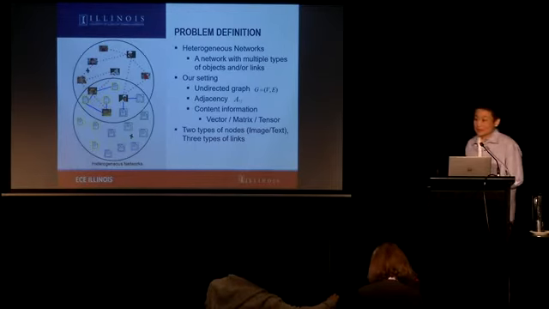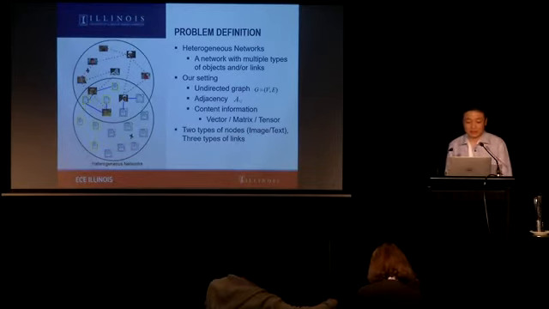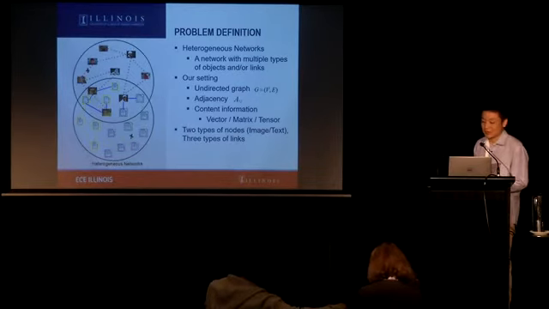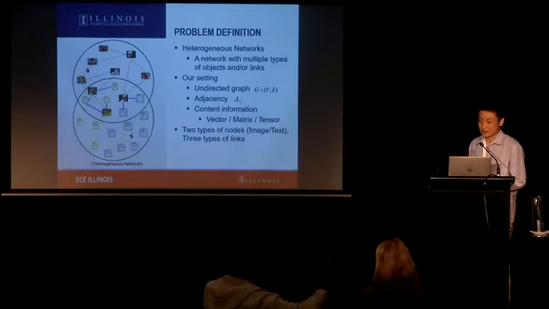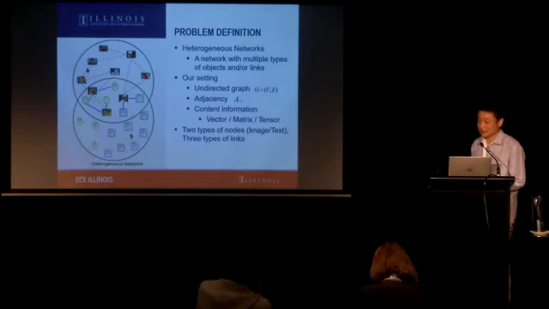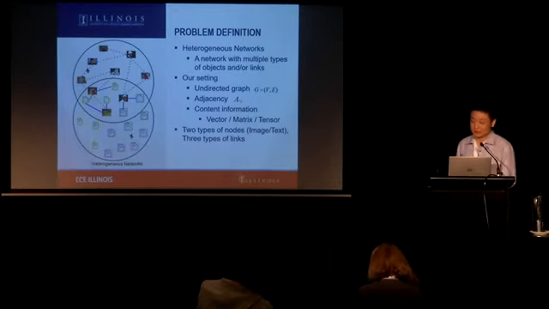So now let's go to some more detailed definitions. We define a heterogeneous network as a network with multiple types of objects. For example, in this paper, we're interested in two types of objects. One is image, the other one is text or natural language. And there could be multiple types of links also.